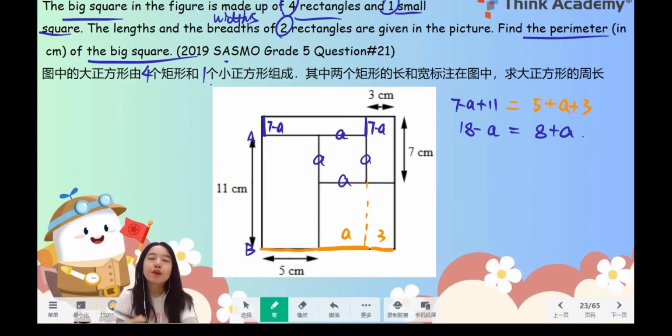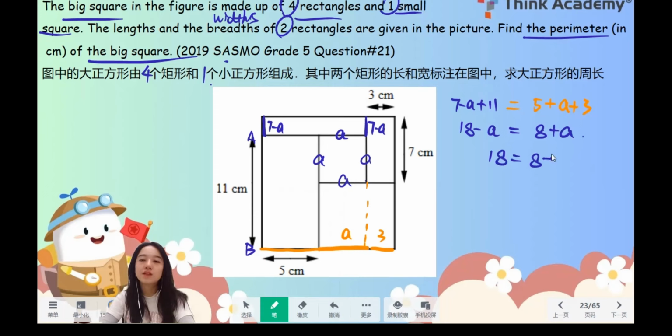If you don't know how to solve this one, you can consider the right part as a whole thing. To get 18, we need to add up these other parts. That is the nature of subtraction. Then we put all the letters on one side, which is going to be 18 equals 8 plus 2a.